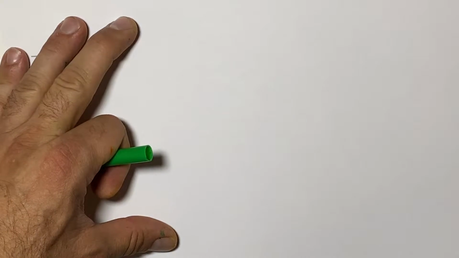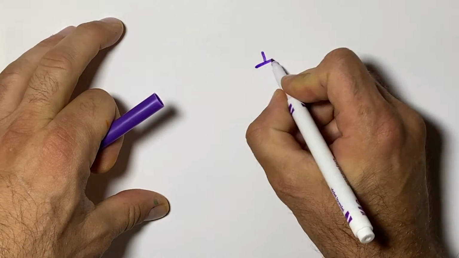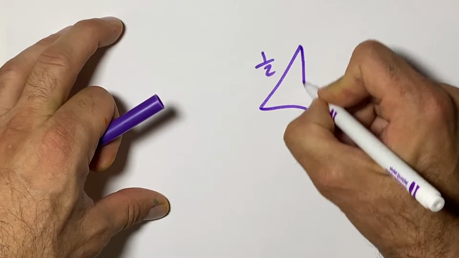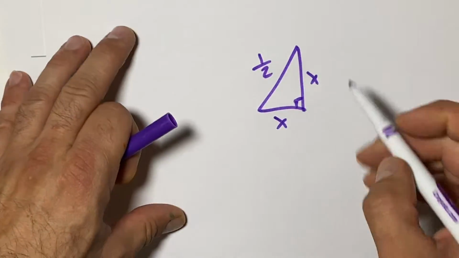So each time we go inward, the last number we just found, which was 1/2, becomes the hypotenuse. And we keep repeating this Pythagorean theorem. The two sides are going to be the radius of the new circle.